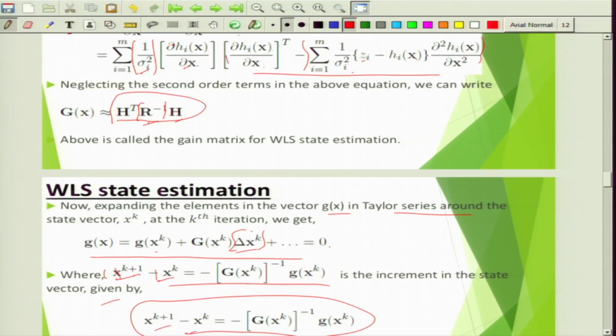So you have this entry already there because a lot of data has been collected over a very long time. This is a constant matrix, and you also know the Hessian matrix that we have already defined. So by knowing this you can find the gain matrix.